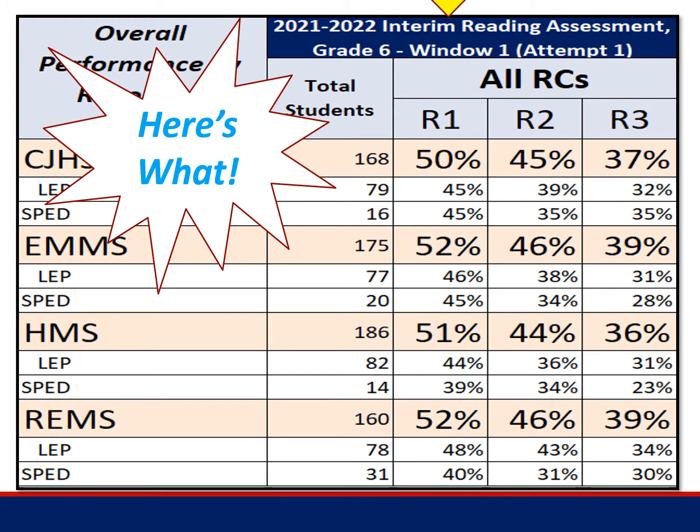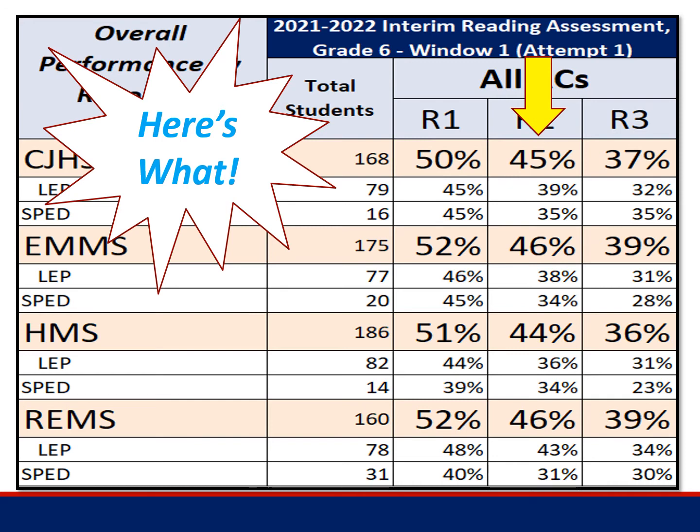First, students performed better in reporting category 1. Second, between fiction and informational text, students performed better in fiction. And in some cases, the difference between the two, between fiction and informational text, is between 7 to 8 percentage points.